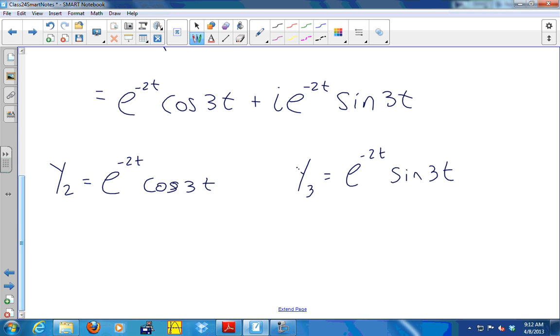The theorem that I never proved to you, and you can read the proof in your book, says that this piece is a solution and this piece is a solution. Just take the real and the imaginary parts.